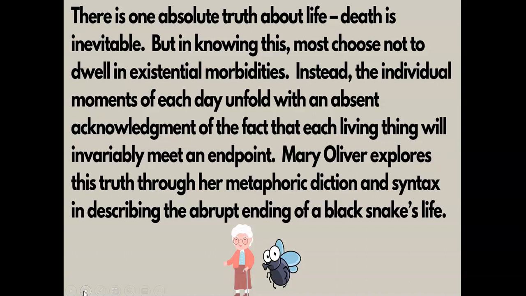And this is where the student is going to use their literary terms and devices. I always tell my students, focus on the most salient terms and devices. What are the big ones that Mary Oliver uses to construct meaning? So look at this: Mary Oliver explores this truth through her metaphoric diction and syntax in describing the abrupt ending of a black snake's life.